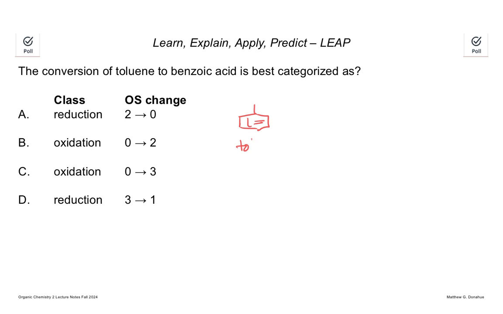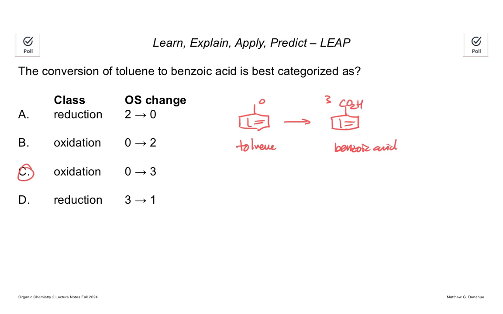So this is toluene. This is benzoic acid. So we're going from 0 to 3. That's an increase. So that has to be an oxidation. So C is the correct answer.